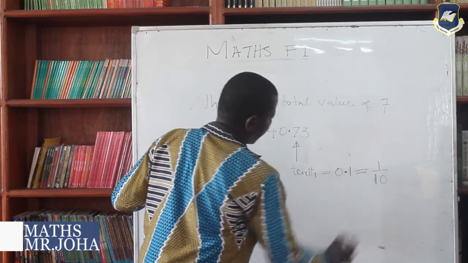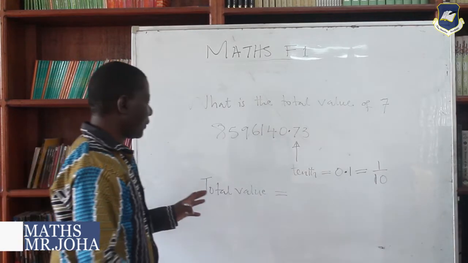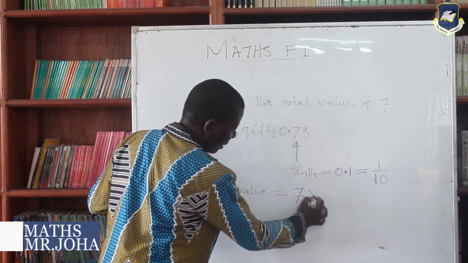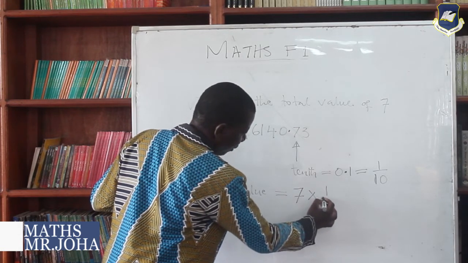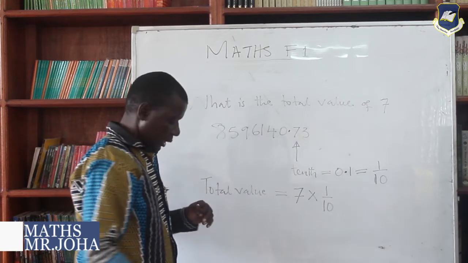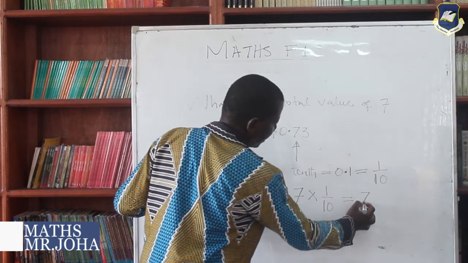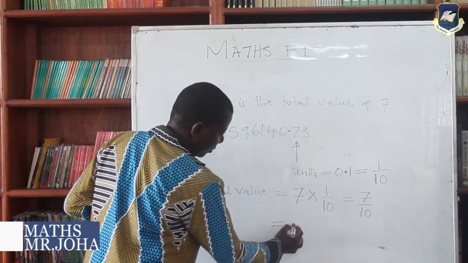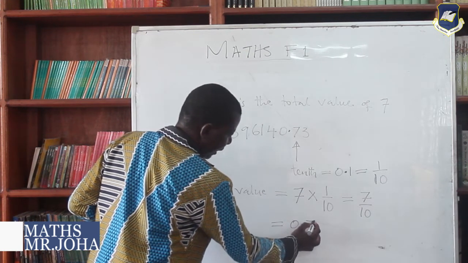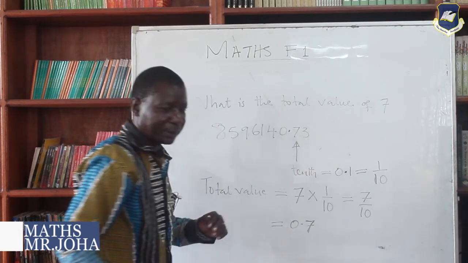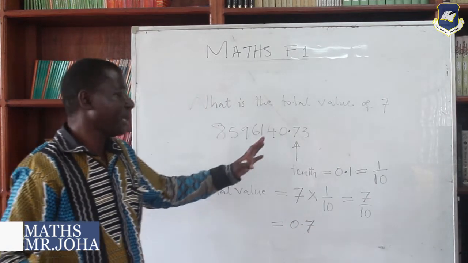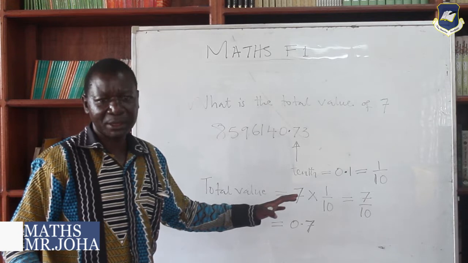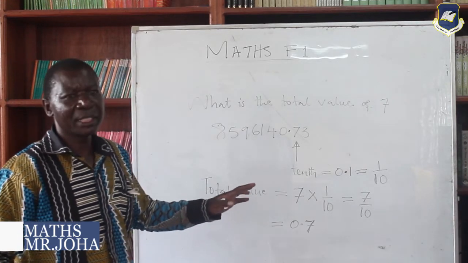So we simply pick the digit 7 multiplied by 1 over 10, and this gives us 7 over 10. In terms of decimal, it is simply 0.7. So the total value of 7 in this number is 0.7, meaning that it is less than 1.